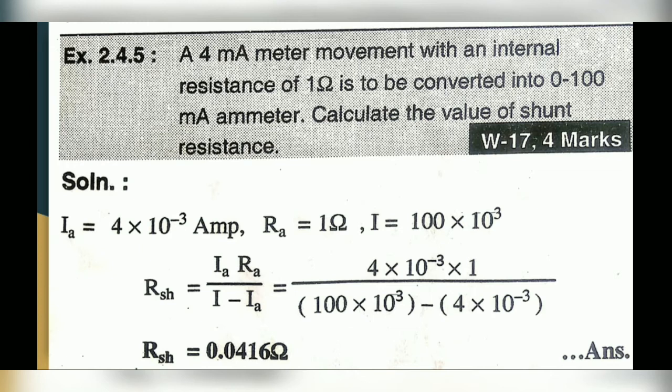So put these values in this equation. We get 4 into 10 raised to minus 3 as the value of Ia, Ra is 1, then capital I is 100 into 10 raised to minus 3, minus small Ia, which is 4 into 10 raised to minus 3.